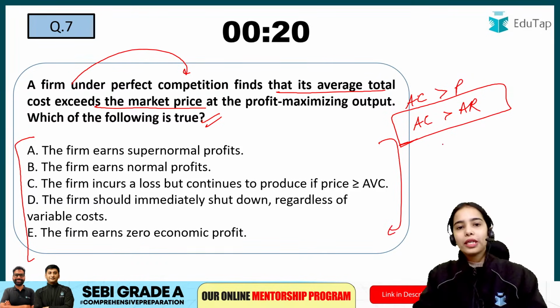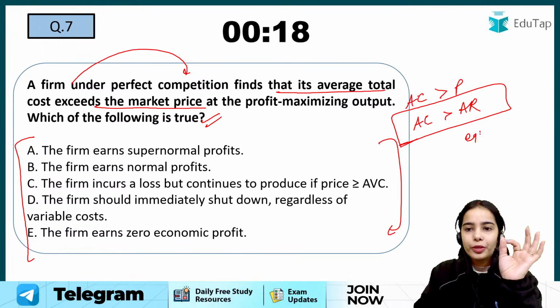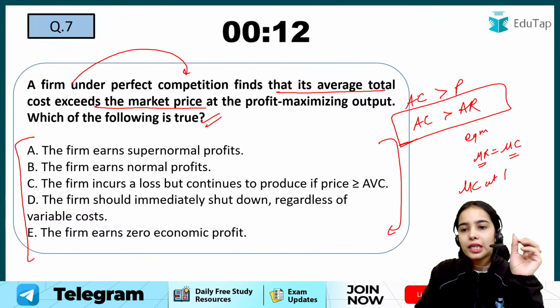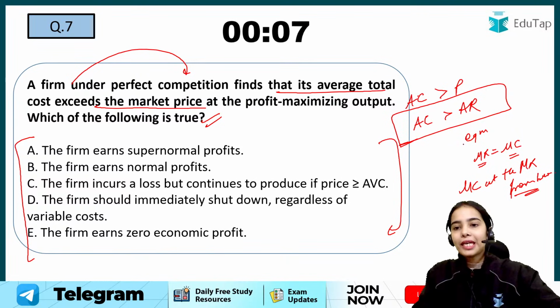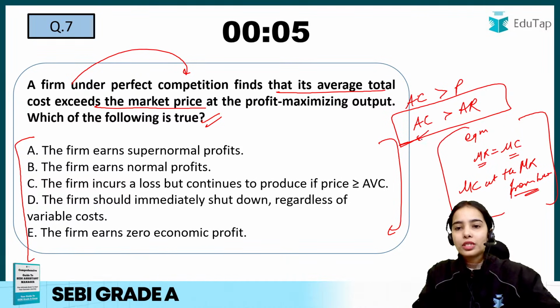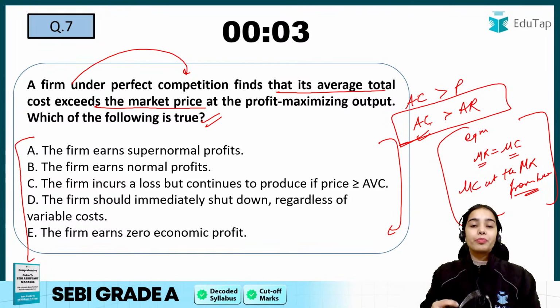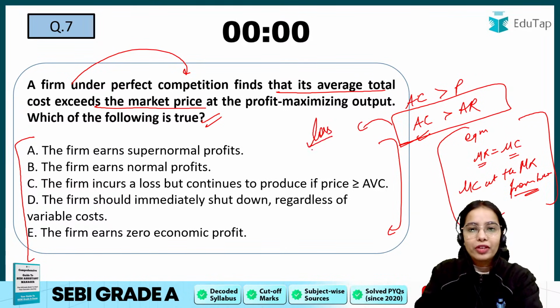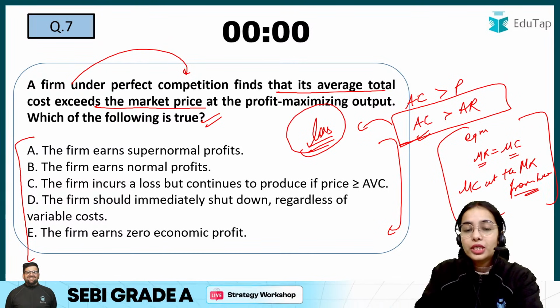So first of all, the equilibrium point is where MR is equal to MC, where the marginal revenue is equal to marginal cost, and the marginal cost cuts the MR from below. At the equilibrium point, if the average cost per unit is greater than the per unit revenue, this is the case of loss. The company is having a loss. But should the company shut down here?